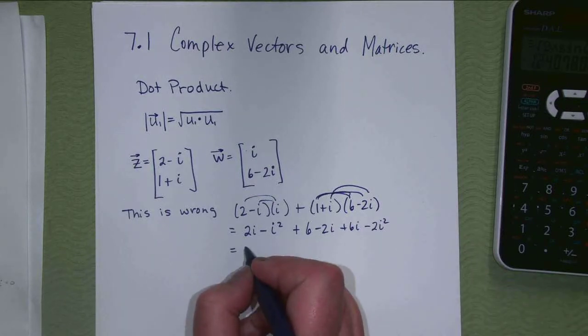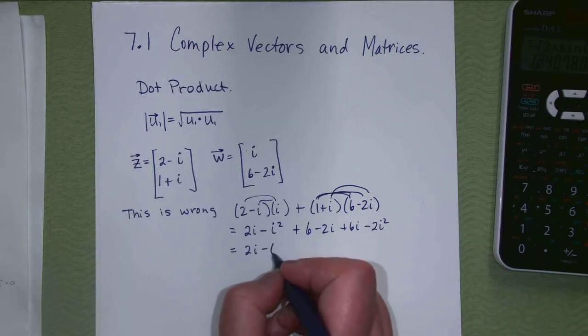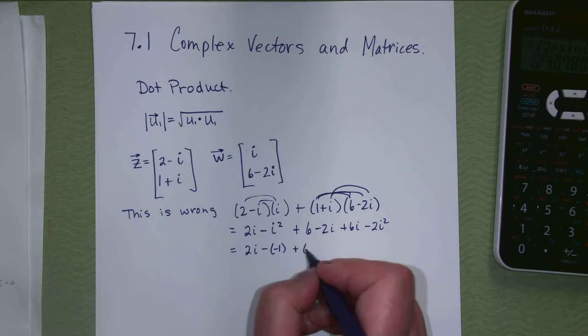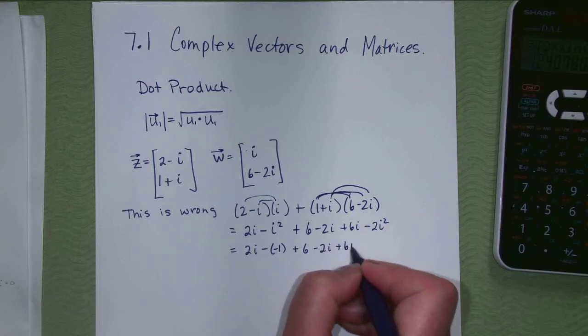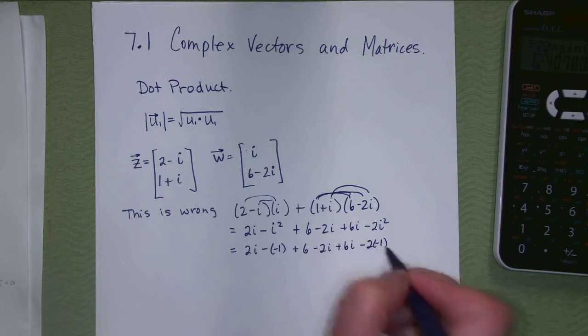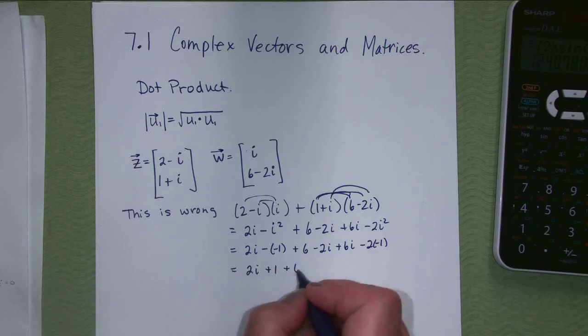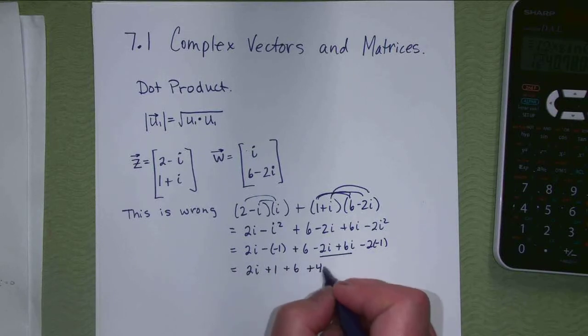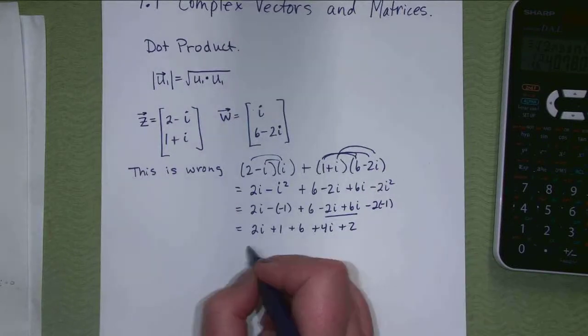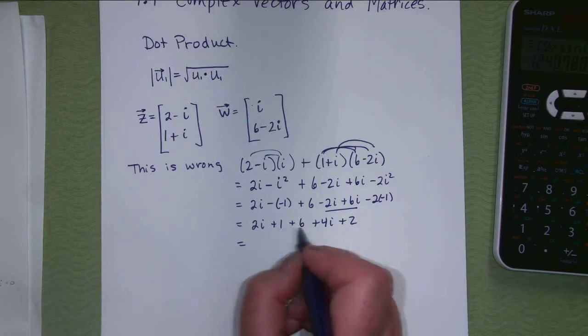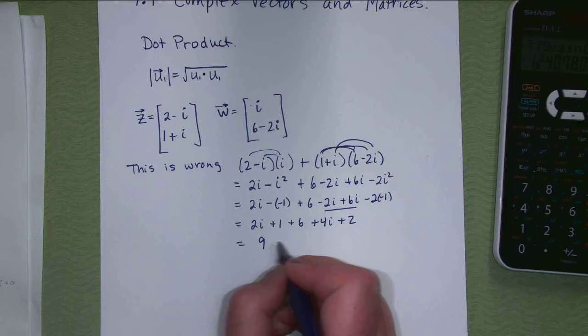And what's i squared? Minus 1. So what do we have? 2i plus 1 plus 6 plus 4i plus 2. That's 9 plus 6i.